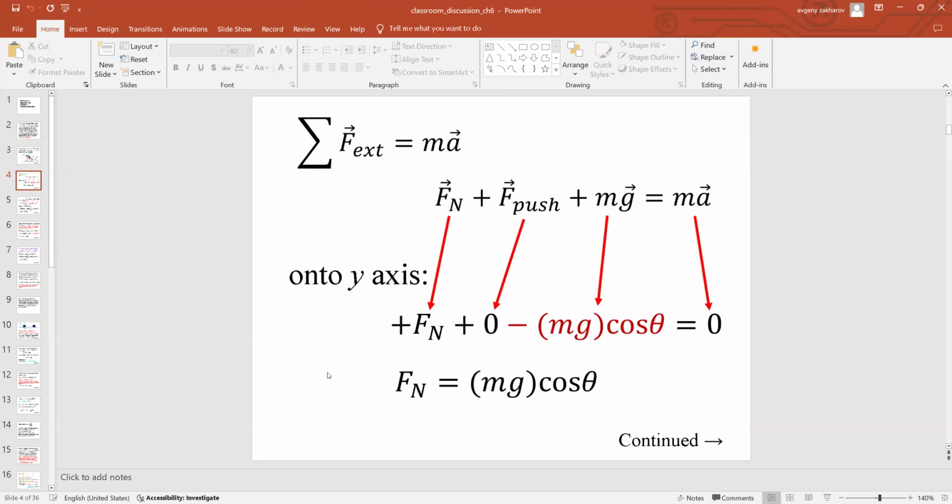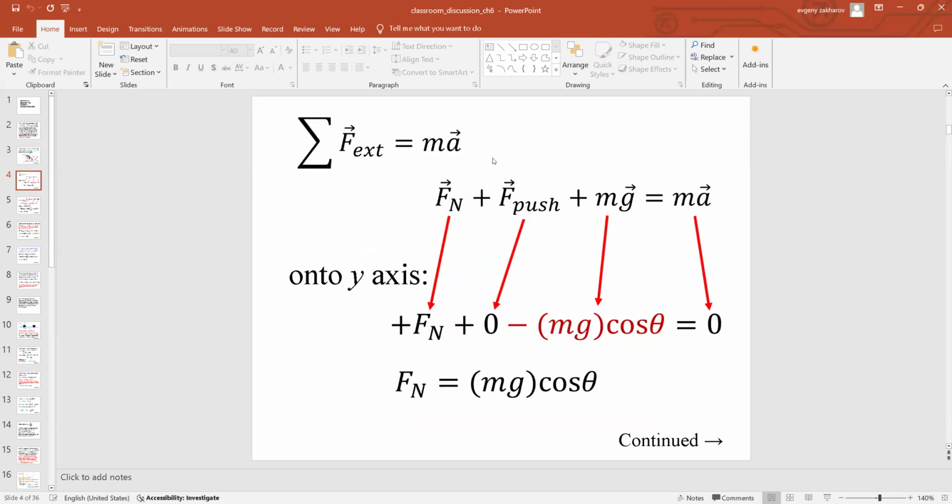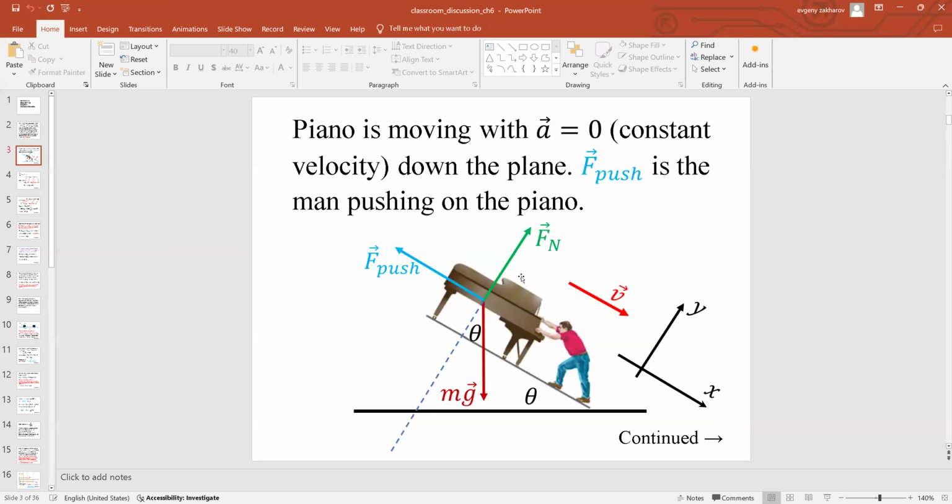Time to figure out the missing force. For the forces, you have the second Newton's law, and there is a normal reaction force, force of a push, and the gravity. So 3 forces, and acceleration is 0 this time. So on to y-axis. See the y-axis, it's the axis that is perpendicular to the slanted plane.